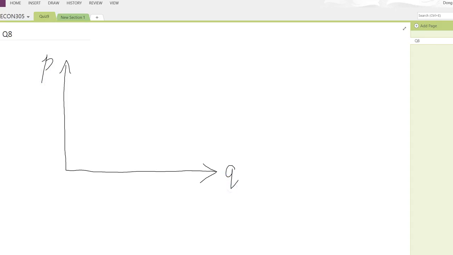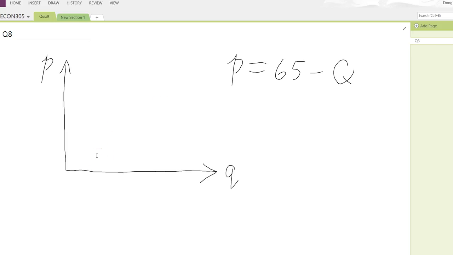And there, the inverse demand function is P equals 65 minus Q. Putting this inverse demand function into this graph, it's a linear function, so graphically speaking that should be a straight line.